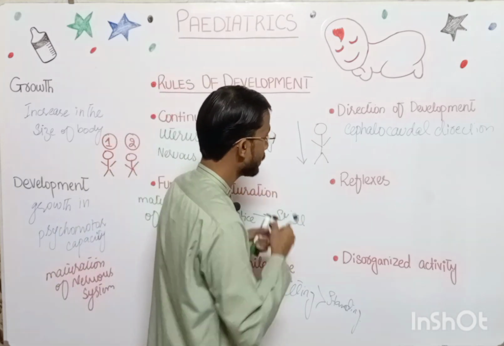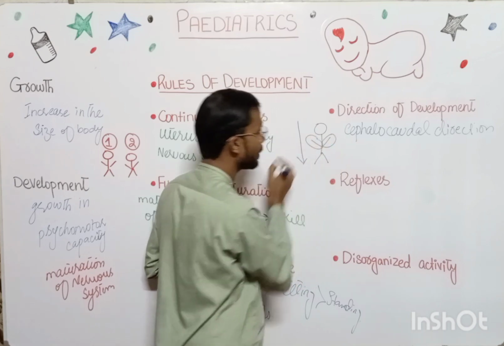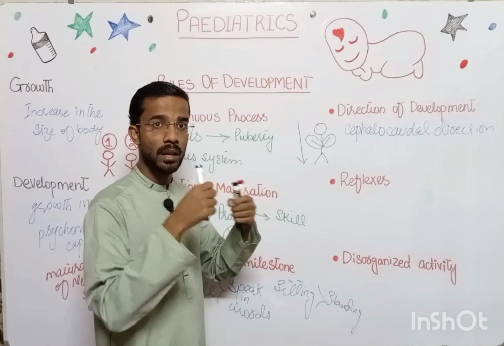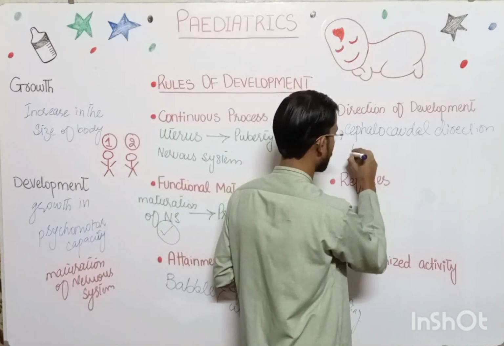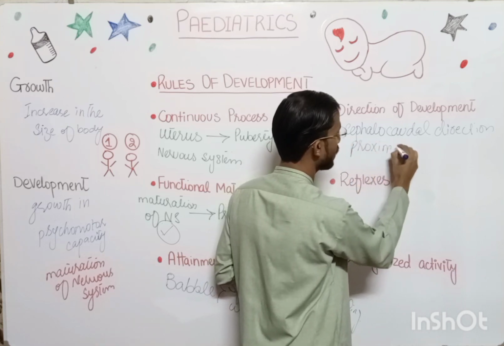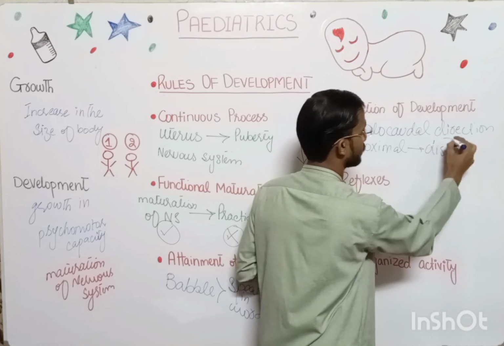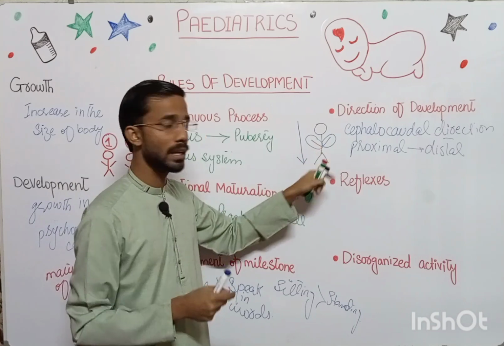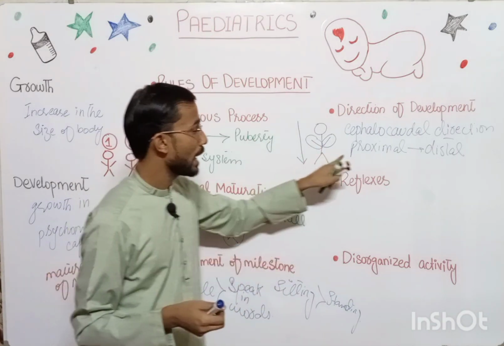And the second one is, if we talk about the limbs, the upper limbs will develop or grow in proximal to distal direction. The growth of the upper limbs will be away from the trunk of the body.